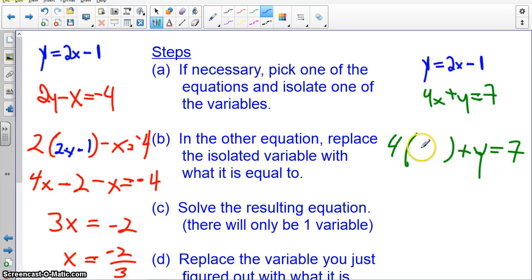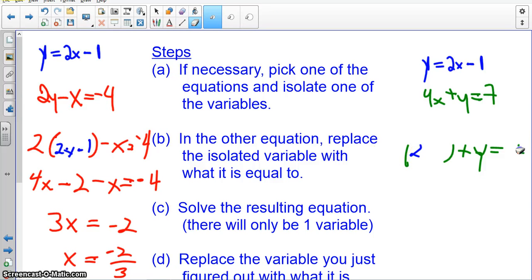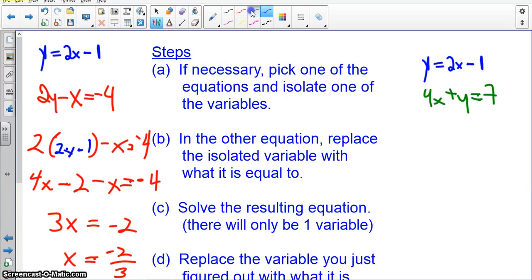So here's the 2x minus 1. Oh, what am I doing? Oh, well, maybe it's good for you to see me make a mistake. That is wrong, wrong, wrong. I'm subbing in for the wrong variable. So I will not edit that out. Oops, oops, oops. Let's fix this.